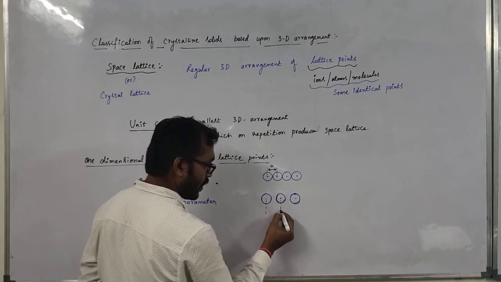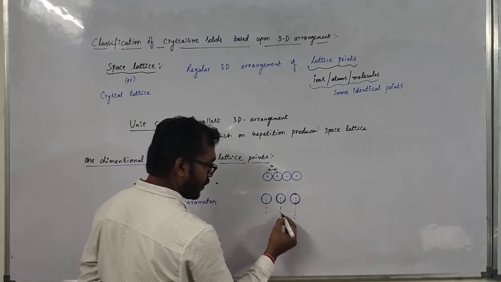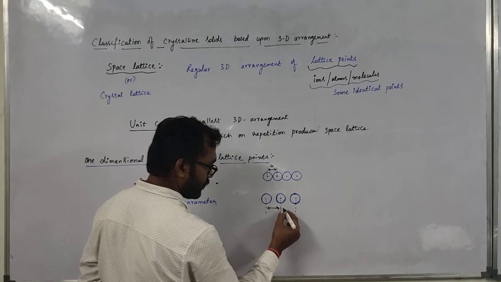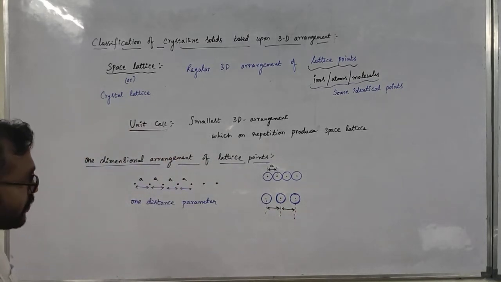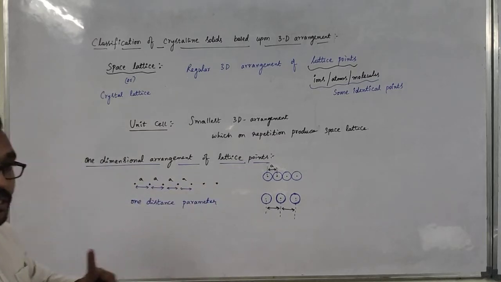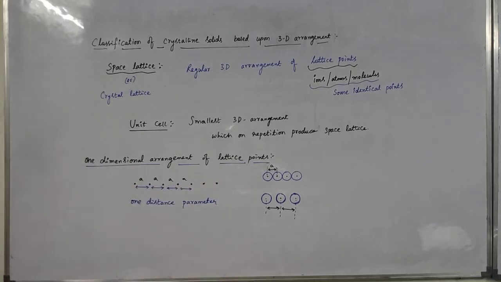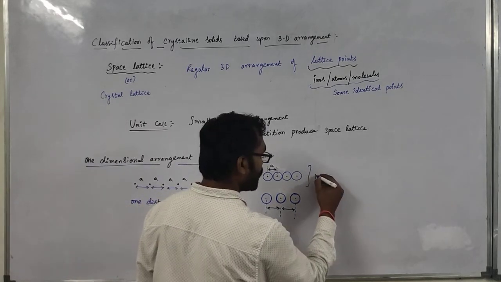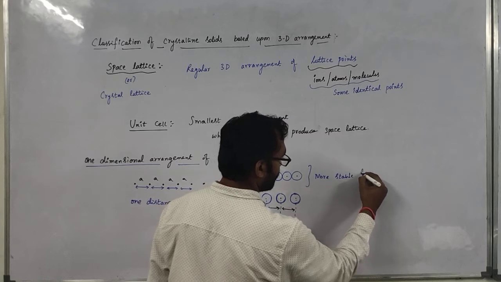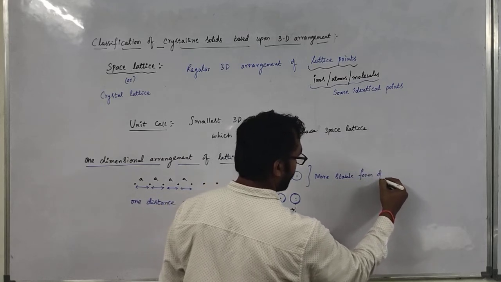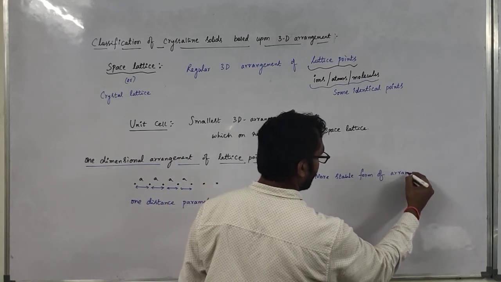Here also they are equally apart. So both are one-dimensional. Among these two one-dimensional arrangements, which is the more stable form of arrangement? The first one.